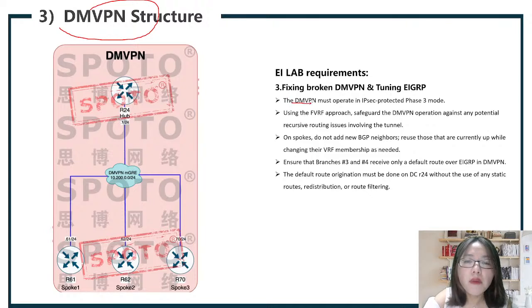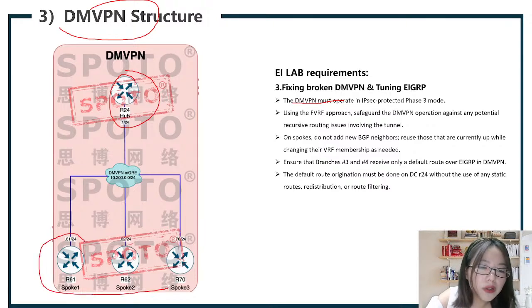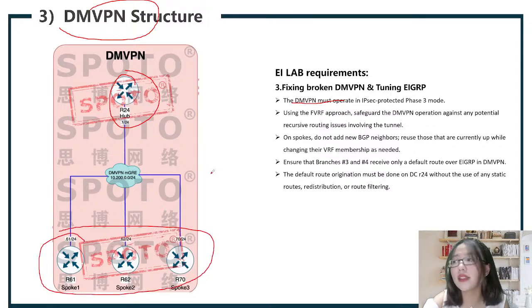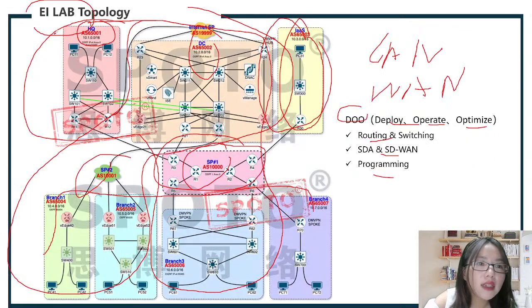First, DMVPN must operate in IPsec protected Phase 3 mode. This is HSRP, and these 3 devices are the focus. So we can combine the complete CCIE Lab topology.